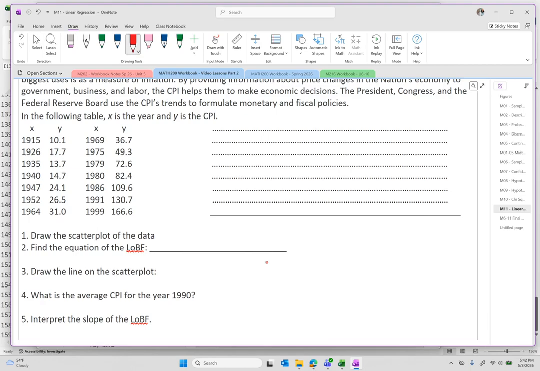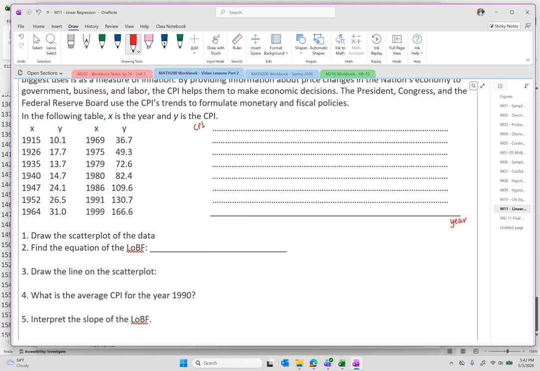So the horizontal axis will have the year and the vertical axis will have the CPI. It is an index, so we don't have units for it. It goes from a smallest value of 10 in 1915 to a largest value of 166.6.